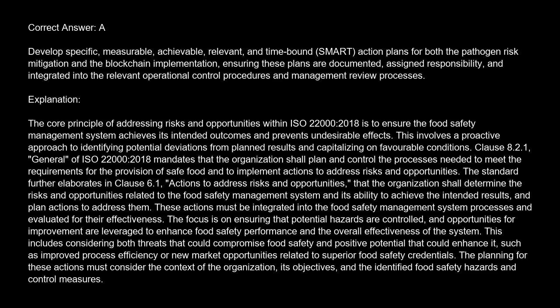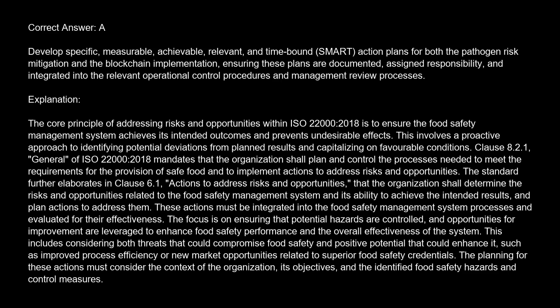The standard further elaborates in Clause 6.1, Actions to address risks and opportunities, that the organization shall determine the risks and opportunities related to the food safety management system and its ability to achieve the intended results and plan actions to address them. These actions must be integrated into the food safety management system processes and evaluated for their effectiveness.